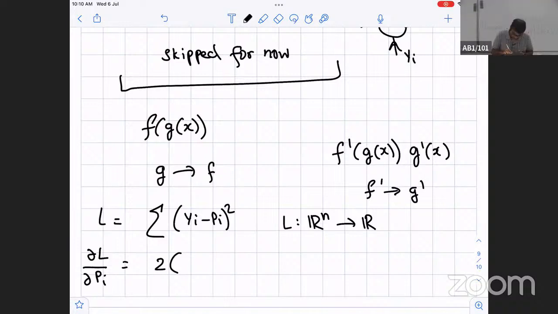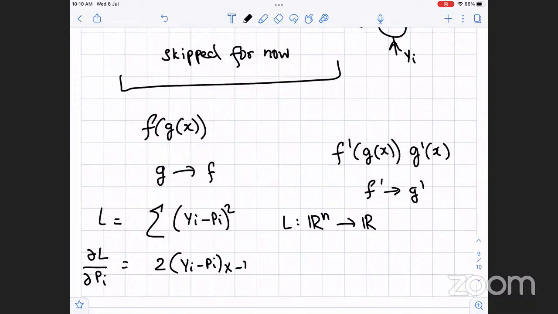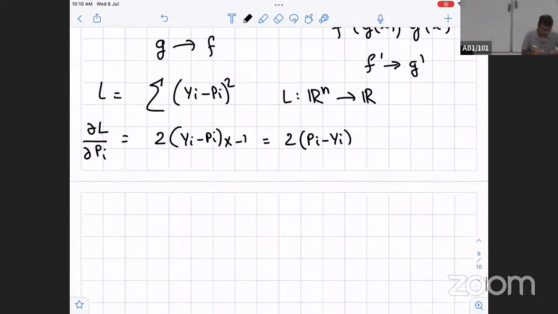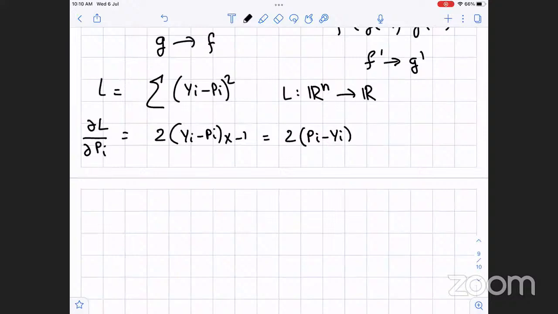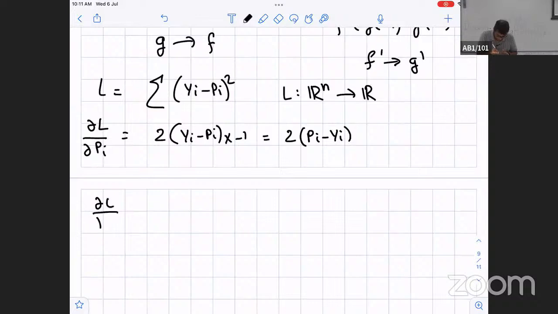So it is 2 times yi minus pi into minus 1. All right. So if I want to write it as a vector, I can write it as a row vector of this form: 2 times p1 minus y1, 2 times p2 minus y2.